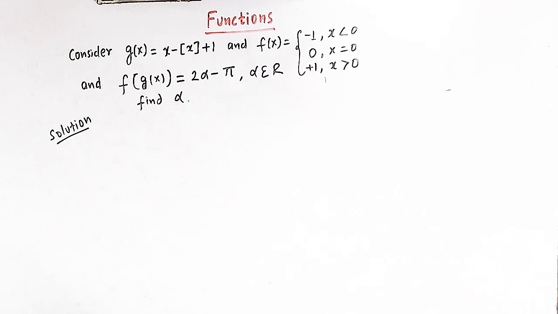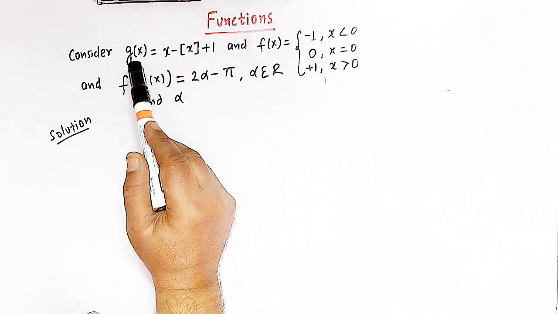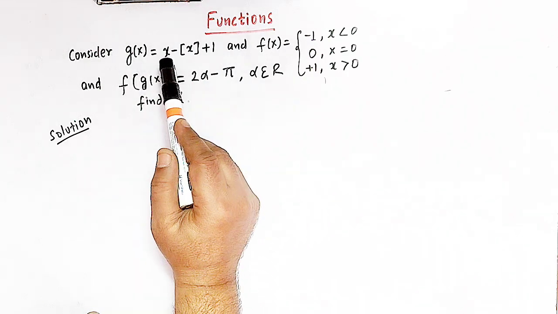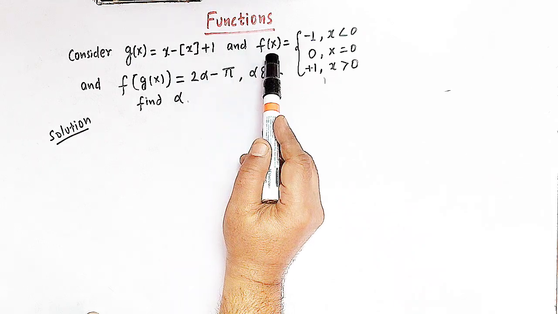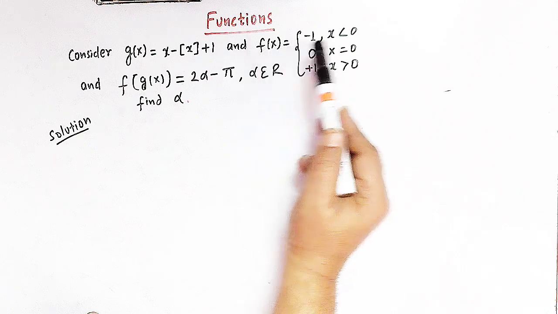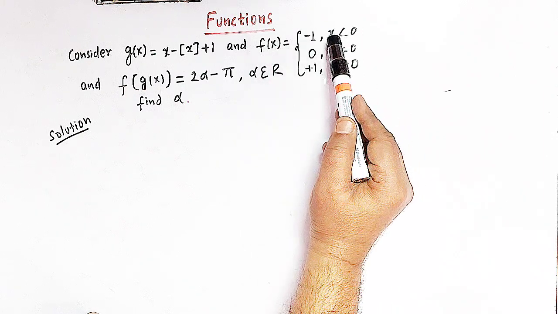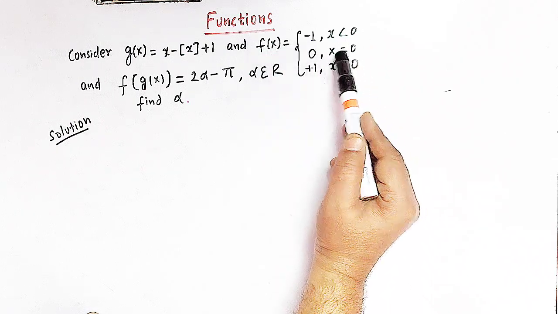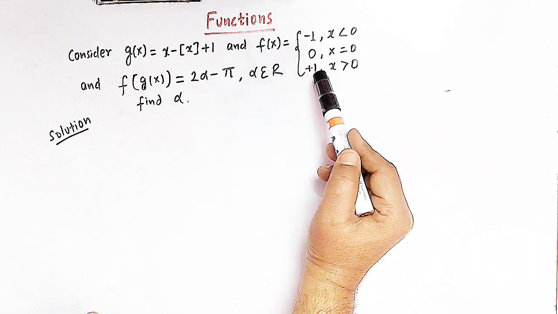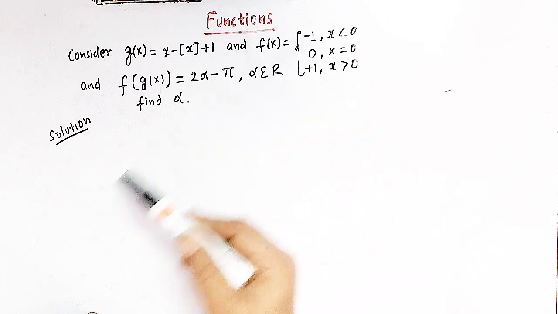We are given two functions, g of x and f of x. g of x is given as x minus greatest integer of x plus 1, and f of x is defined like this: f of x is equal to minus 1 for all x less than 0, f of x is equal to 0 for x equal to 0, and f of x is equal to plus 1 for all x greater than 0.